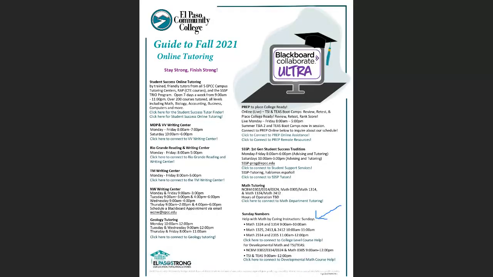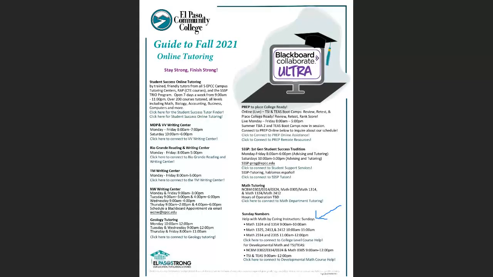And if it's 0324, Mrs. Sassi can help you because she does the developmental courses, and I do the upper level courses. For 1324, it's from 9 to 10 because every hour I do a different course. So if you need help, join me 9 to 10 every Sunday. Okay? Okay.